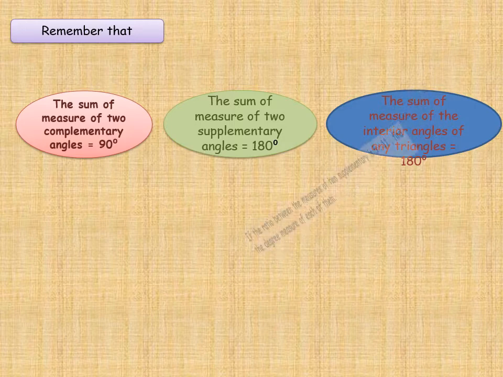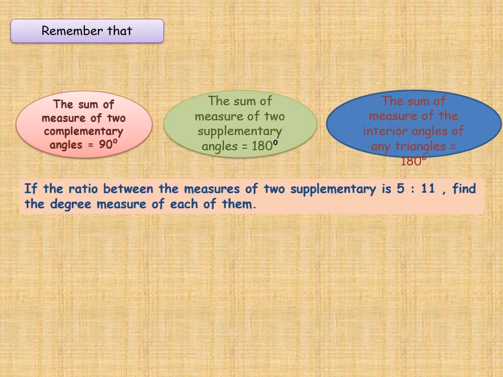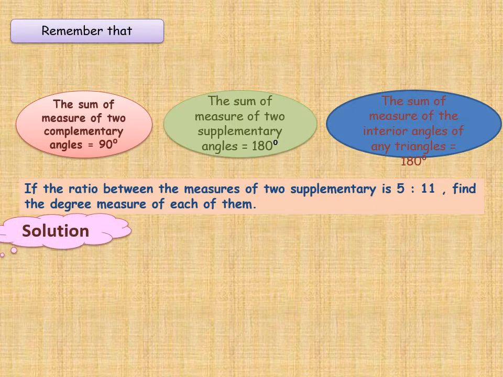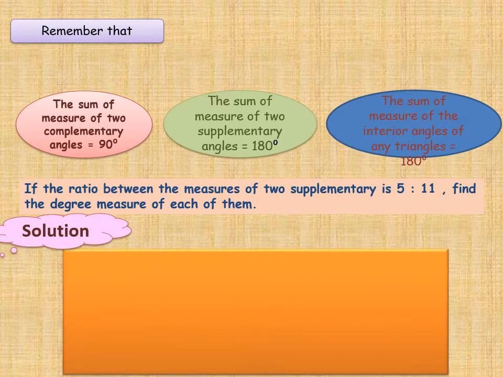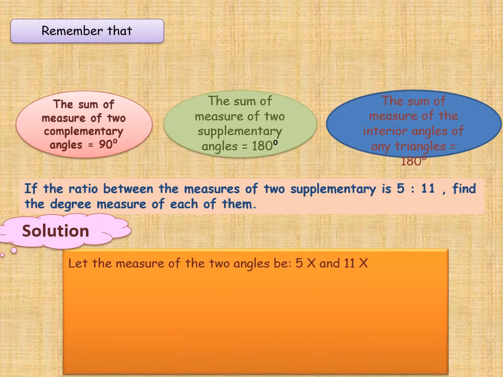Let's take an example. If I say that the ratio between the measures of two supplementary angles is 5 to 11, how do we find the degree measure of each of them? Instead of 5, I'm going to say that the first angle equals 5x and the second will be 11x.